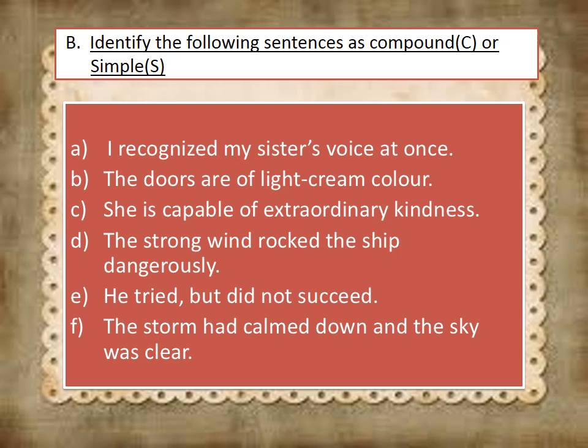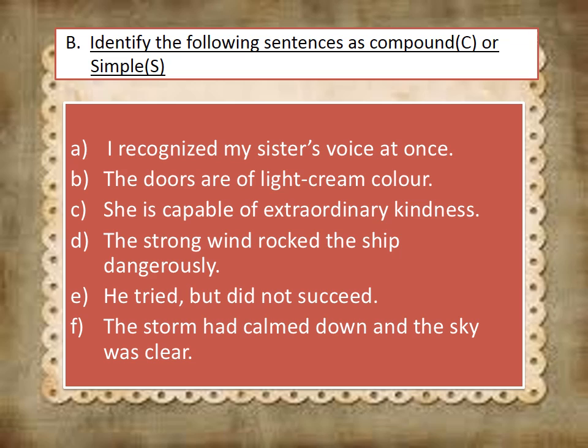Exercise B asks you to identify the given sentences as compound or simple. Students, here you have to write C for compound and S for simple. So before starting the exercise, let's revise the rules of simple and compound sentences. A simple sentence consists of one clause. It means it has one subject and one finite verb.